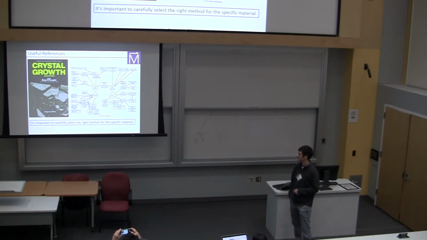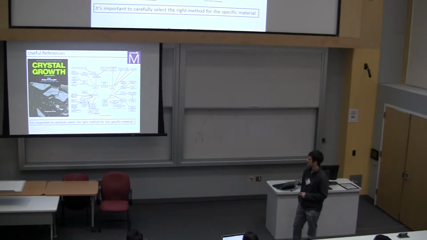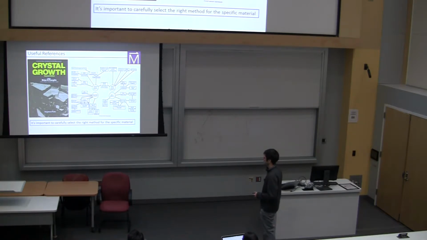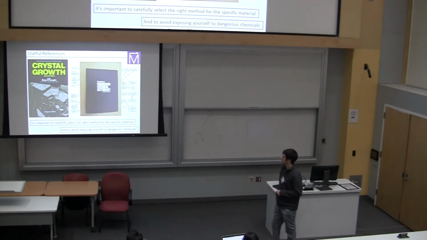Okay? So get this book, follow, this figure is from it. All of these different things are different chapters they have in here, and you can learn a lot in great detail from this. This will help you to choose the right method for the specific material that you're trying to grow. And then this is just one more book that I think is very useful.